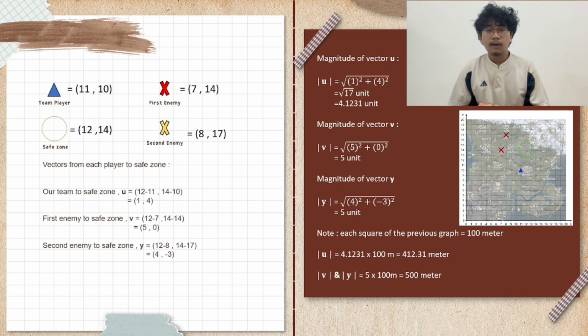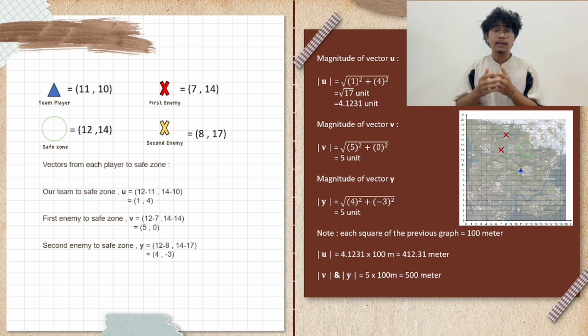As the main purpose of this case, we want to find the distance of each player to the safe zone. So we are going to use the magnitude formula, which is the magnitude of a vector equals the square root of each component squared plus the other component squared. For the magnitude of vector u, it is the square root of 1 squared plus 4 squared, which gives the square root of 17.